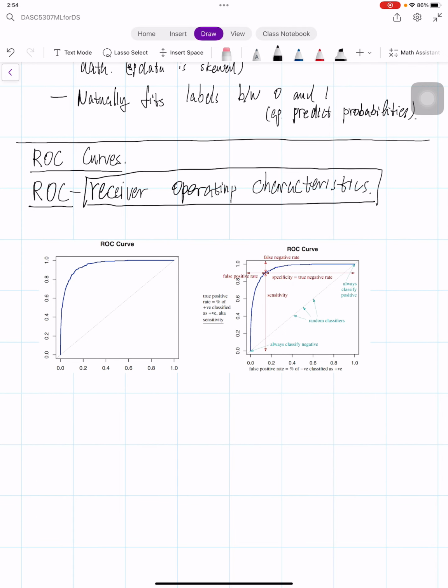So the ROC curve is a way to evaluate your classifier after it is trained.